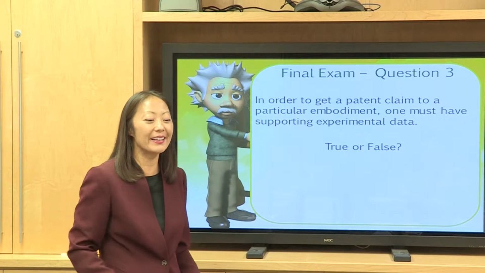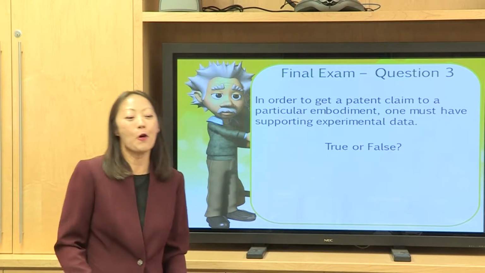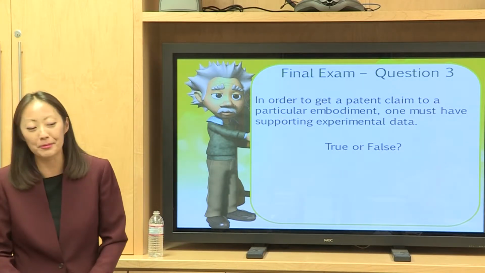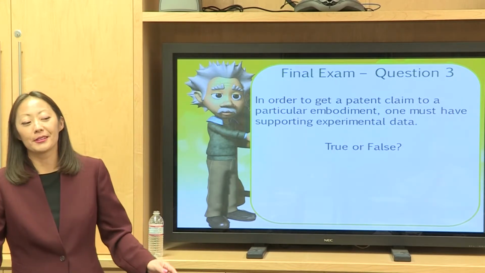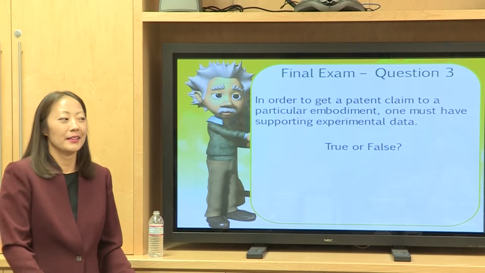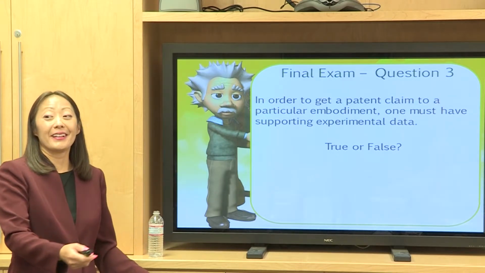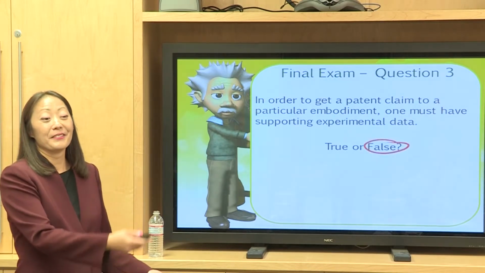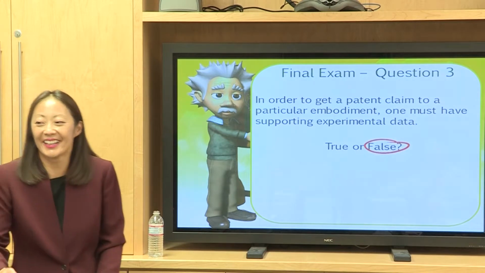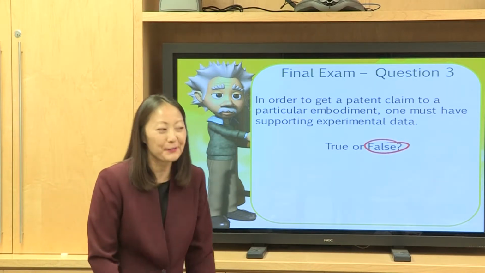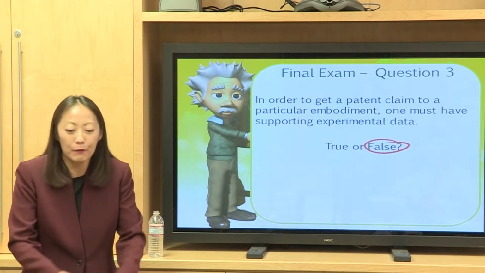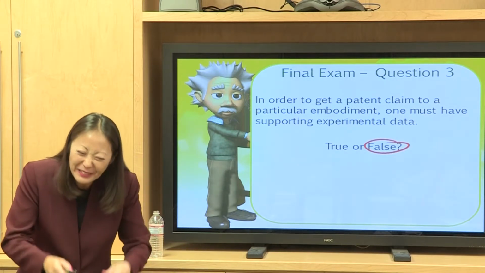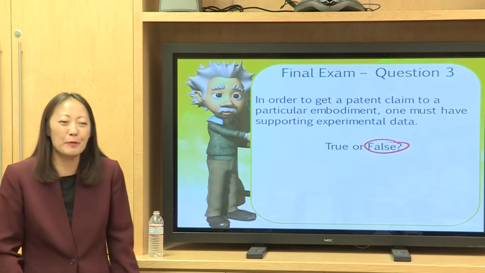So question 3. In order to get a patent claim to a particular embodiment, one must have supporting experimental data. True or false? Everybody logged in? False! You don't have to have actual experimental evidence for each and every claim and embodiment that you're claiming.